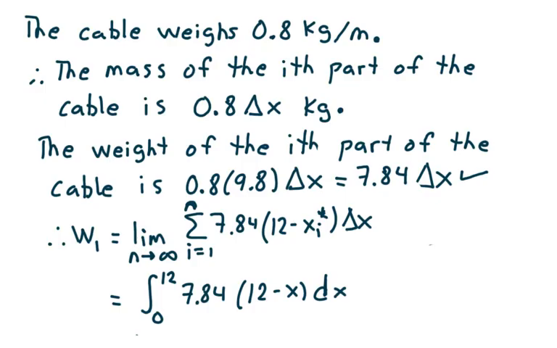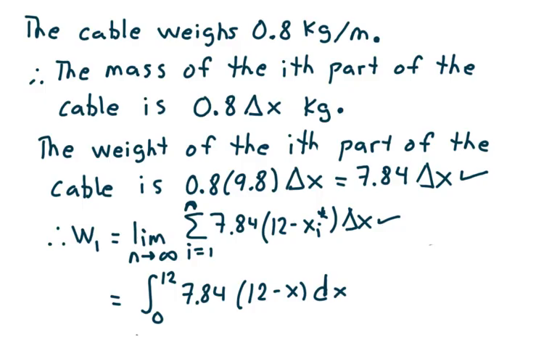So W1 is the limit as n goes to infinity of the summation from i equal 1 to n of essentially these force times distances. In other words, it's the summation from i equal 1 to n of 7.84 times 12 minus x sub i star delta x.